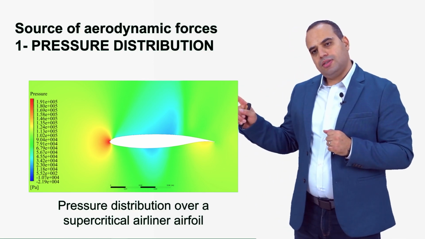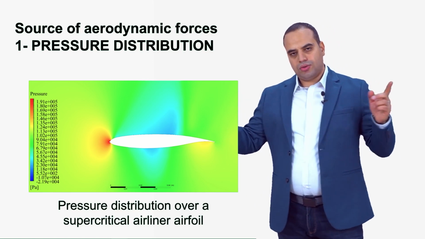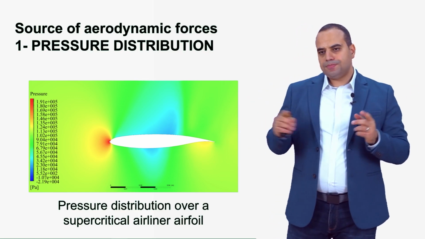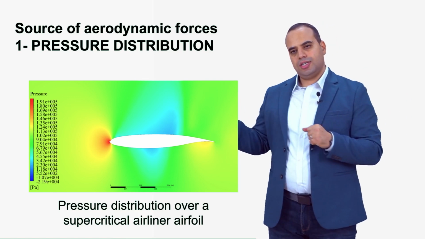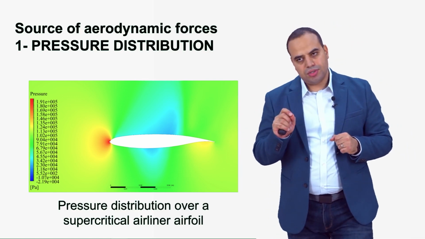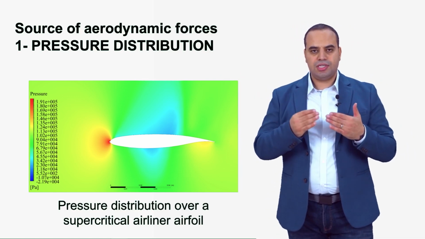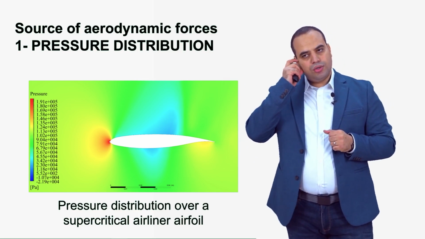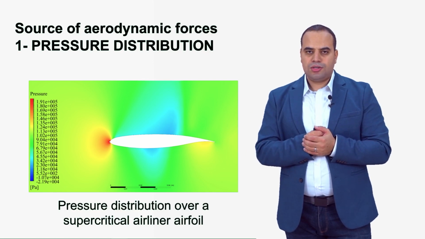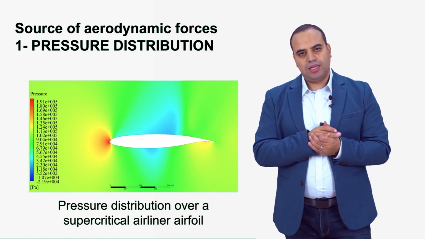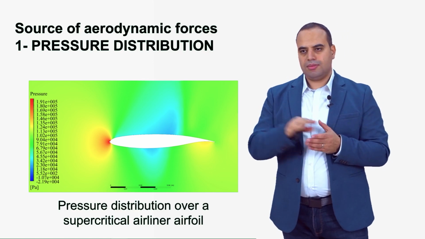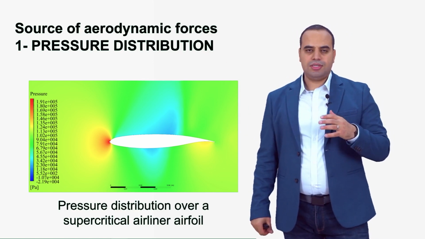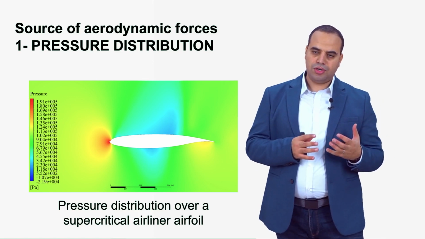While if we move a little bit along the chord, which is what we call in aviation the chord, the length of the airfoil, we can see some blue regions, which means that there the pressure is very low. At this point, above the airfoil surface, the particles are not pushing the airfoil as much as they do on the nose or on some other locations.